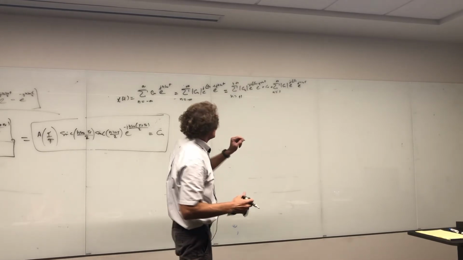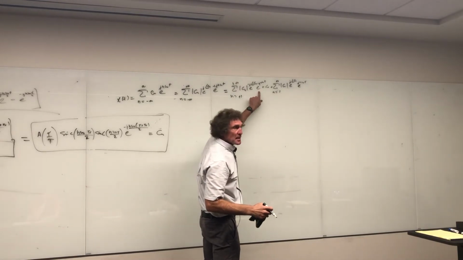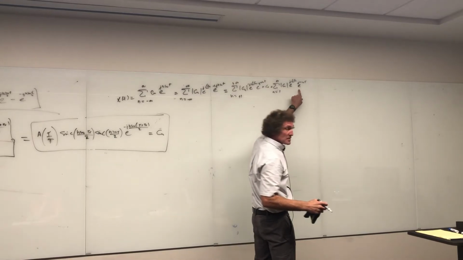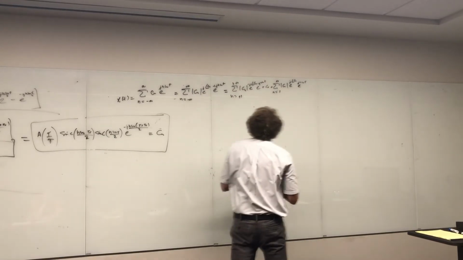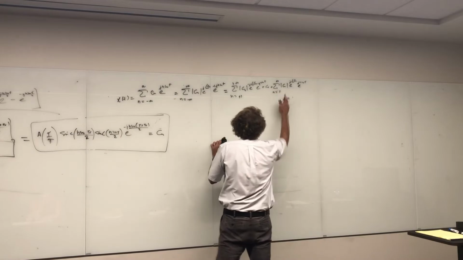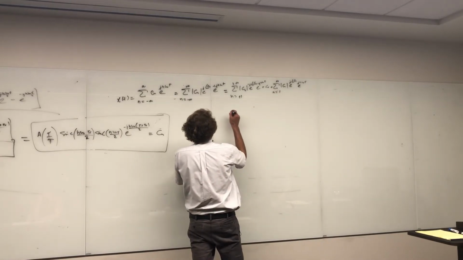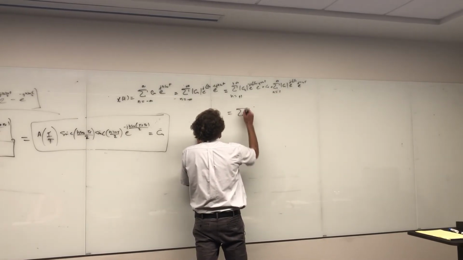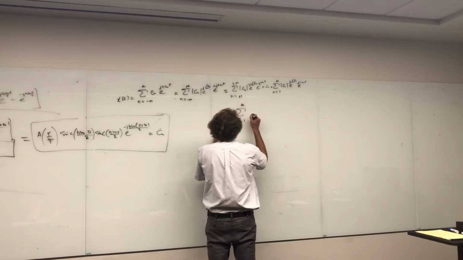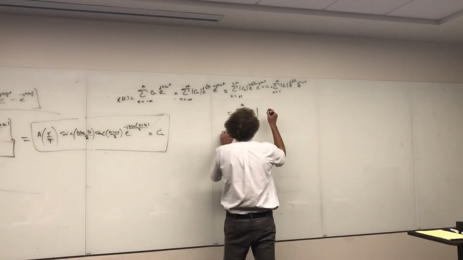All right, now here's the deal. I can combine these exponentials. Do you all see that? I can also put them both under the same summation sign. So now I have the sum, n equals 1 to infinity, of the magnitude of c of n, and I'll factor that out.